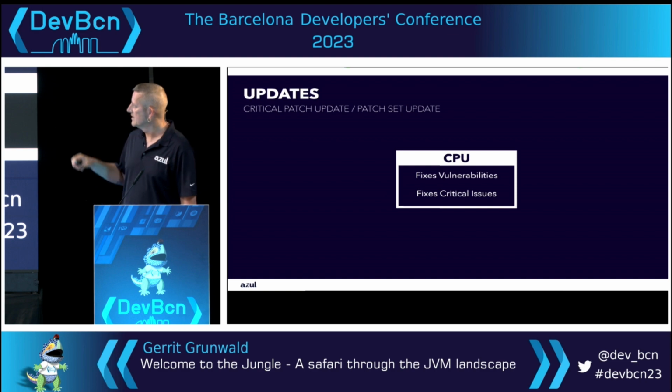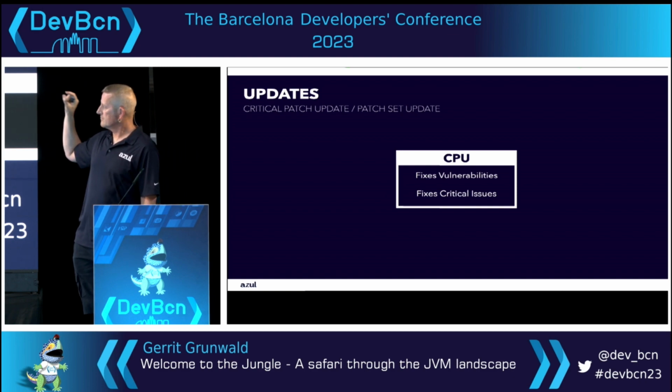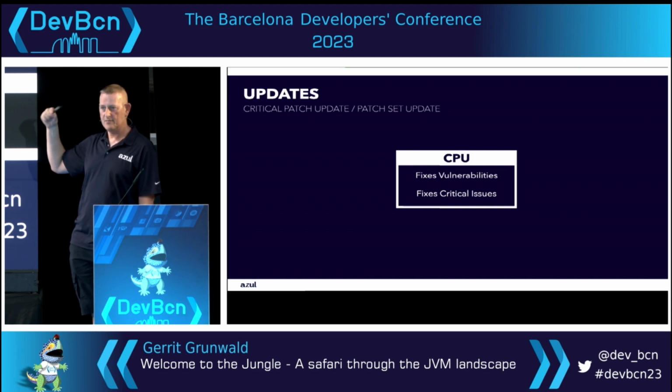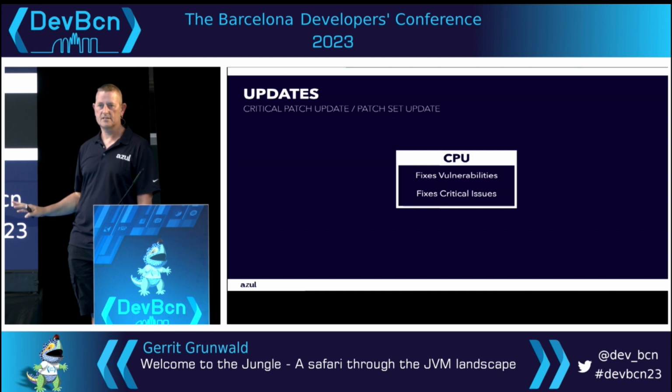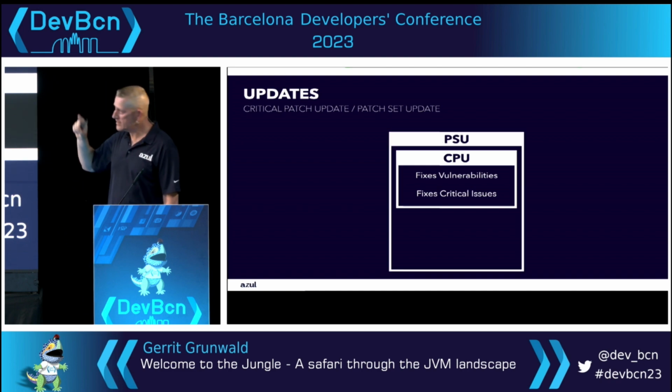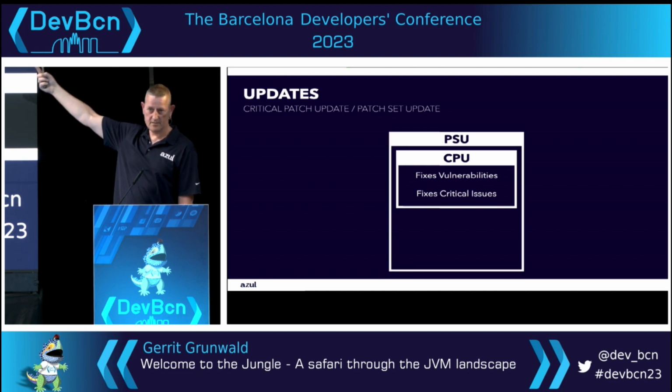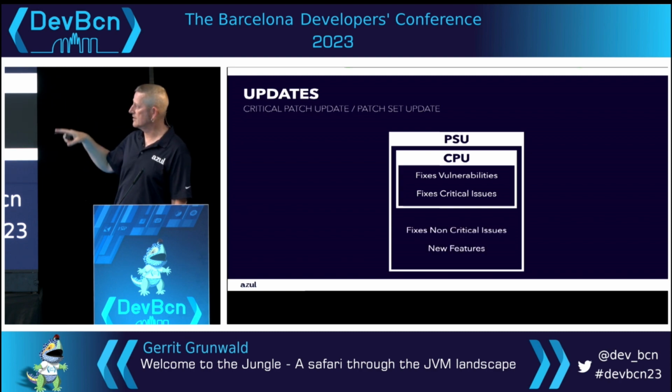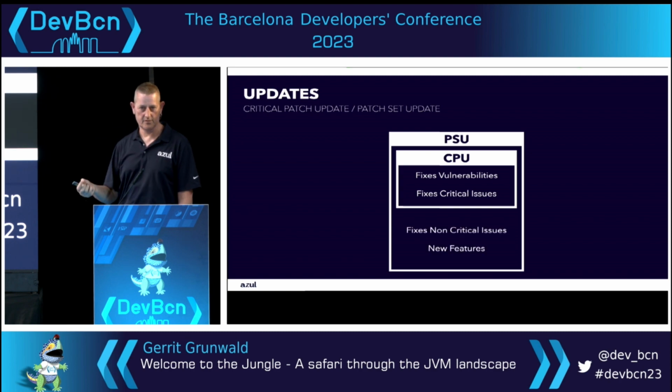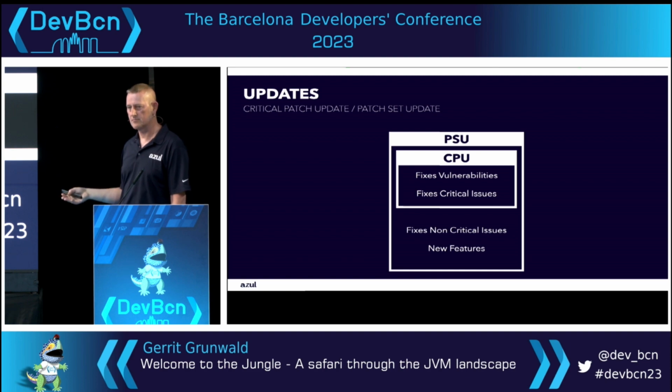So what is it? The CPU is a critical patch update, and the name already says that. It only contains fixes for vulnerabilities and critical issues, nothing more. The PSU contains the CPU, but it also has fixes for non-critical issues, and it introduces new features, right?